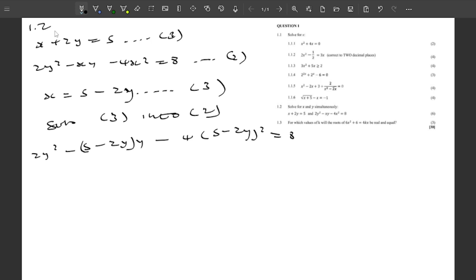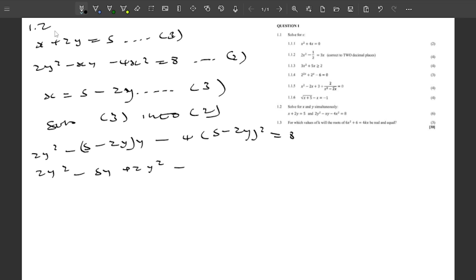After doing this, you're going to simplify, which is going to be 2y squared minus 5y plus 2y squared, remember, and then minus 4. Well, let's just do it at the same time. I was going to take the 8 to the other side, but let's just do it at the same time.